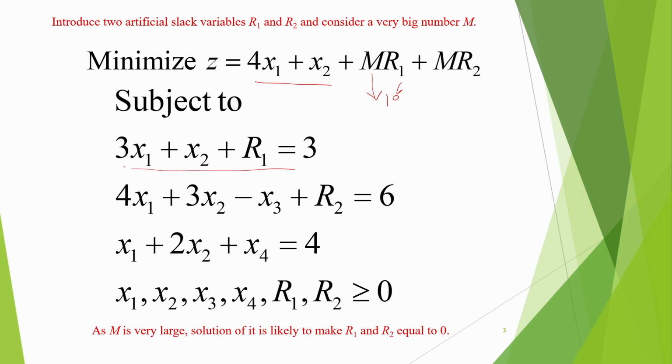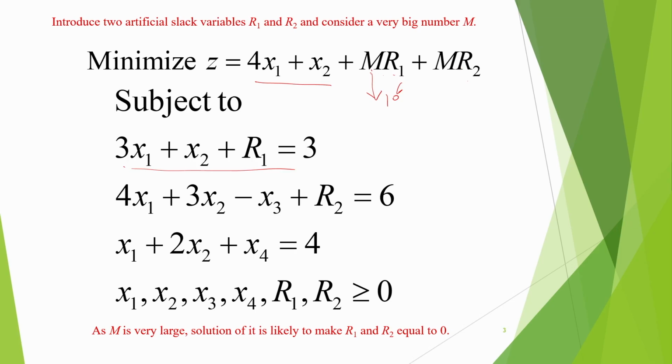So, when you minimize, the tendency will be to get the values of R1 and R2 as 0, because they have been added artificially, they should come to 0. So, we are minimizing, but associating the coefficient M with the artificial variables, and those coefficients are high numbers.